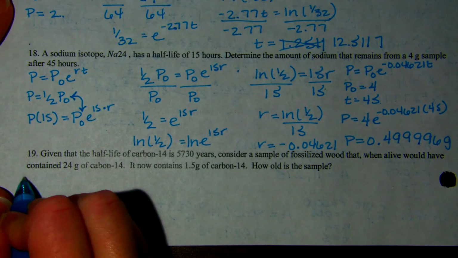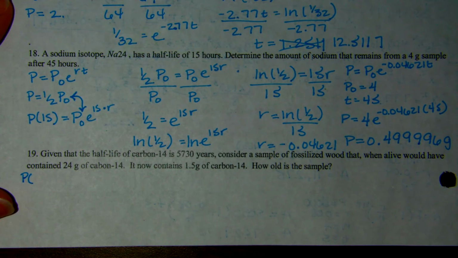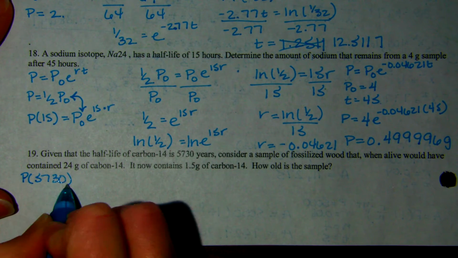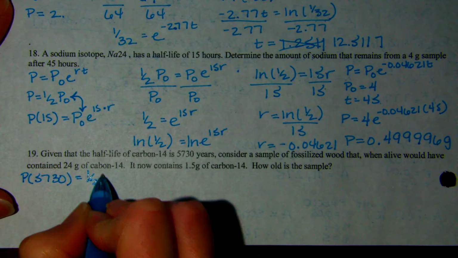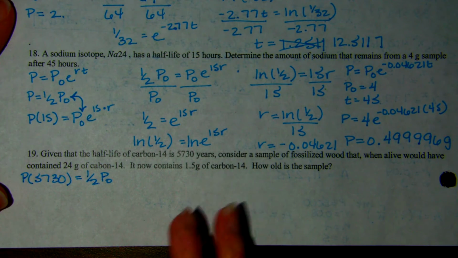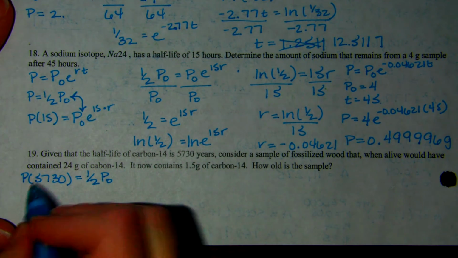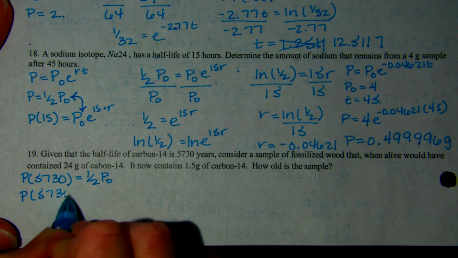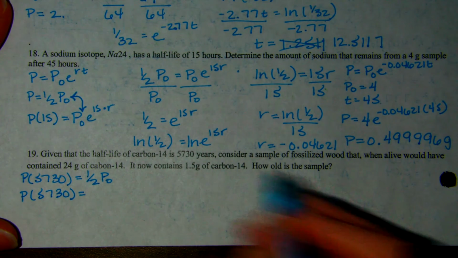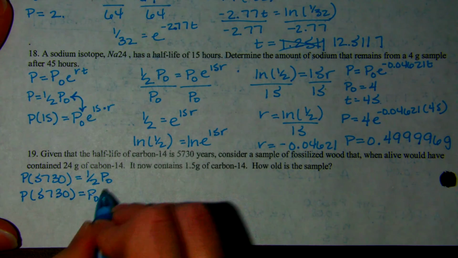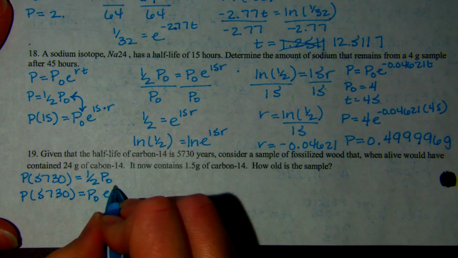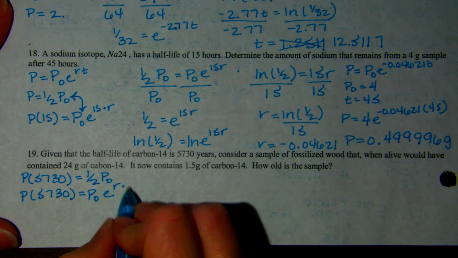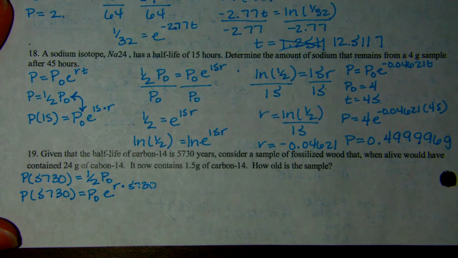So we know that our amount of carbon-14 at 5,730 years is equal to half of the original amount. And we know that the amount of carbon-14 at 5,730 years is equal to my original amount times e to the rate at which it decays or decomposes times the time of 5,730.